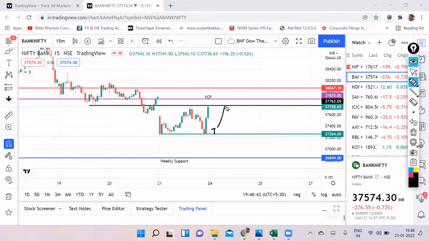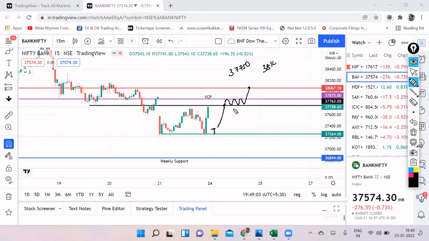Your first target would be the same high, which is 37,750, and then there is a possibility it may halt here and then give a breakout, and it may go towards the upside and test 38,000 once. So there is a possibility.